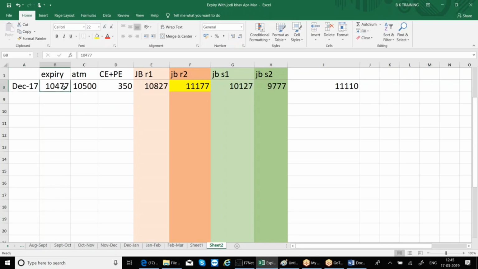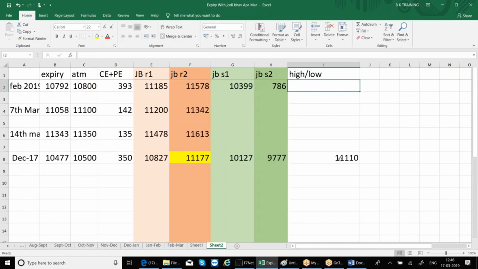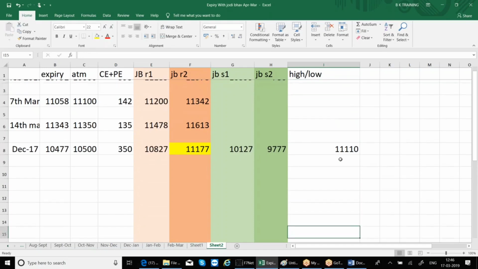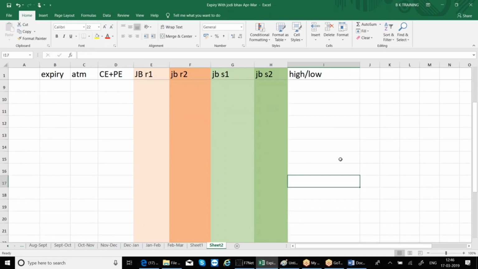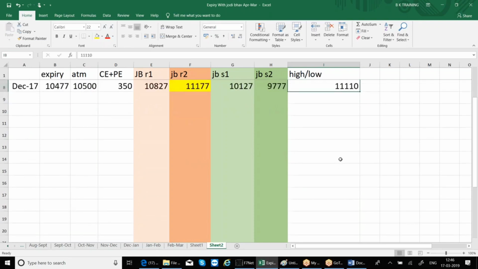व्हाट डिड आई डू, मैडम ये क्या लिखा है? जनवरी का हाई है, एक्सपायरी का हाई है, हाई लो डाल दीजिए. अब ठीक है? हाँ सर. वो मंथ का हाई वॉज 11,171, बट वी आर ट्रेडिंग एक्सपायरी. एक्सपायरी का हाई क्या था? 11,110, गॉट इट?